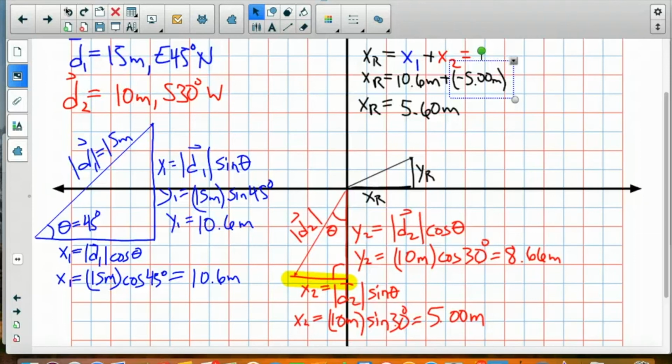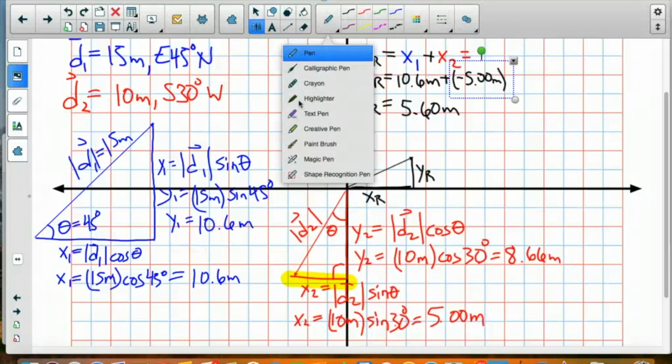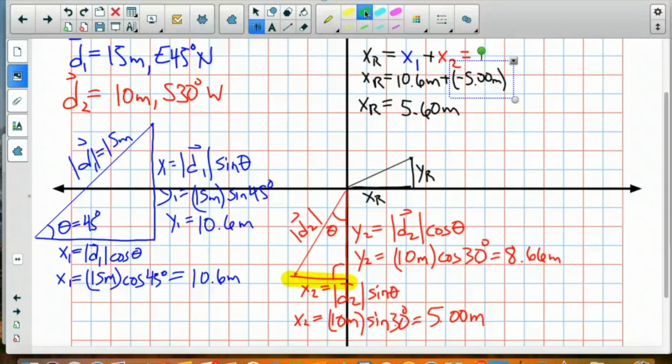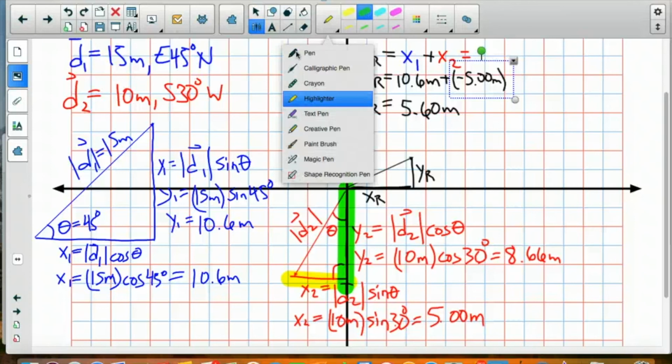Okay, and then we can do the exact same thing for y. And again, we're going to have to be careful because of the direction of our d2 vector. You'll notice our d2 vector, the y component goes downwards, which is the negative direction. So we're going to have to manually account for that as well.